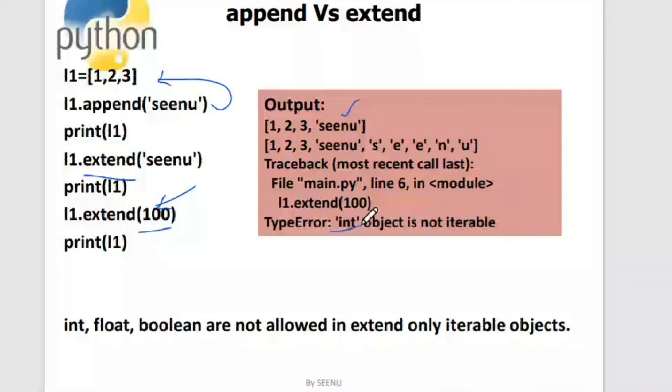You only have to give iterable objects like a string, list, or tuple. Values like extend 100 or extend 9.5 are not allowed. But you can give 100 in an append method, though not in extend. This is another difference between append and extend.